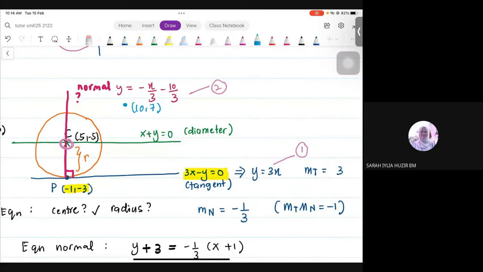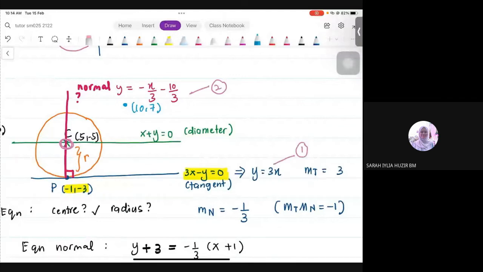So we have to prove that this point is located outside of our circle. To prove it is outside the circle, the concept is simple. You find the distance between the center and that point.